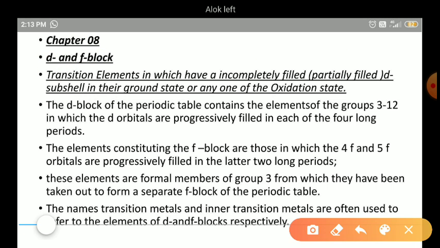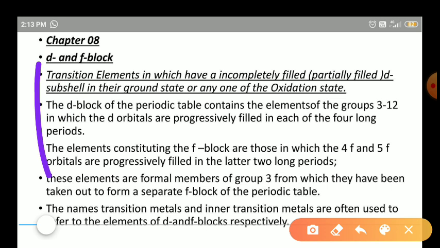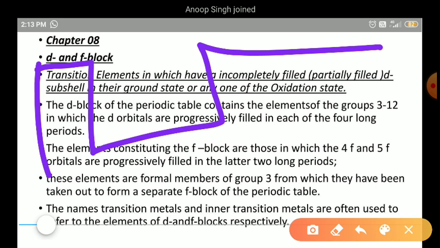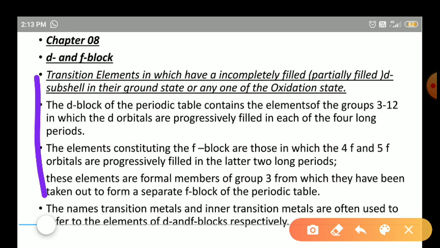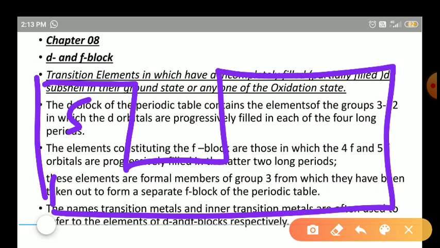For example, scandium. This is the S block element, P block element, and here the D block element. In this D block, the elements are those in which electrons are incompletely filled in the d orbitals.